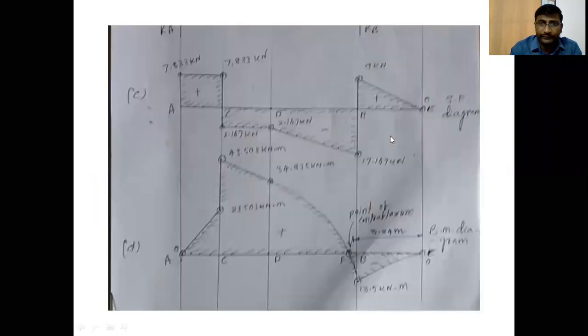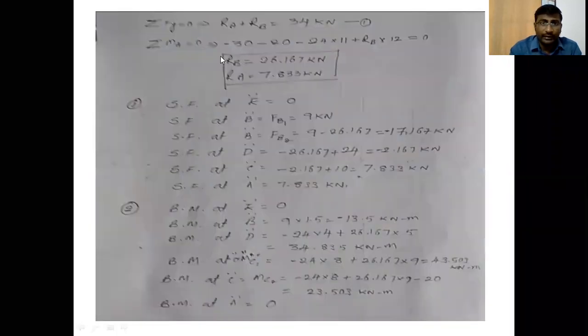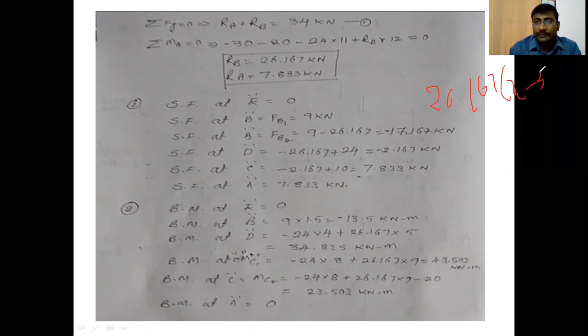Where RB value is 26.167, 26.167 into (x minus 3), students, is equal to 1.5x square.